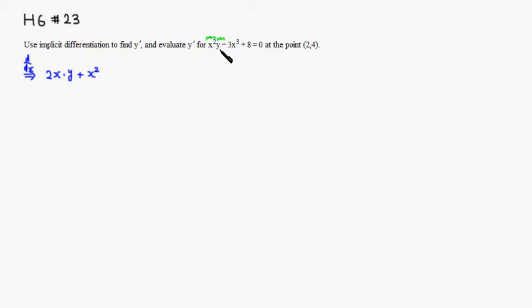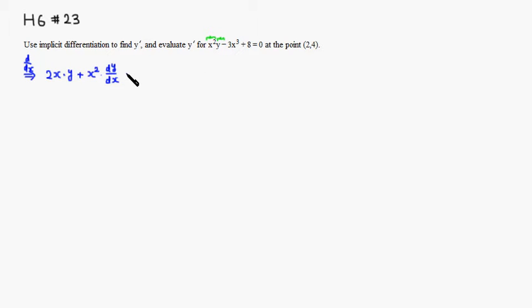times the derivative of y, which is going to be dy over dx, or you can use y prime if you want, but I'm going to use dy over dx. And then the derivative of negative 3x cubed is easy enough, just the power rule.